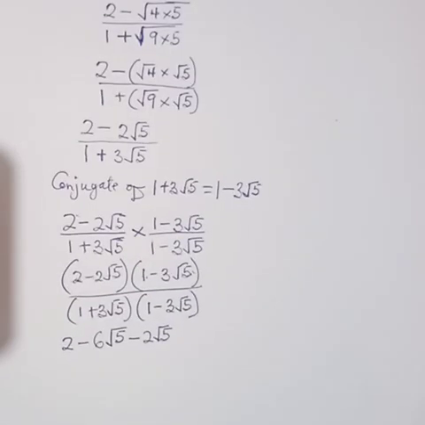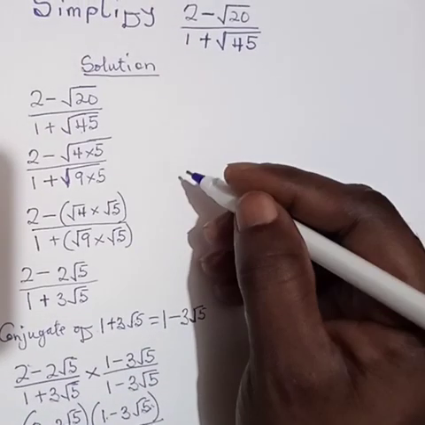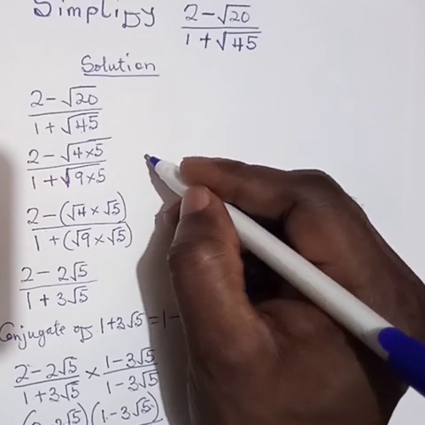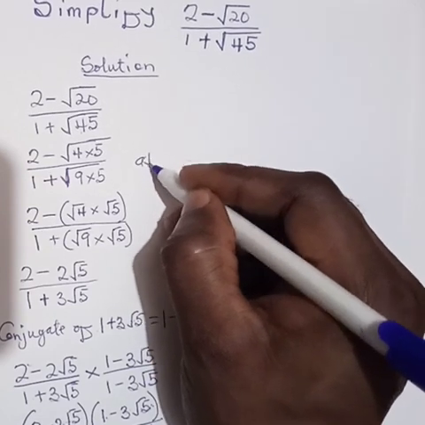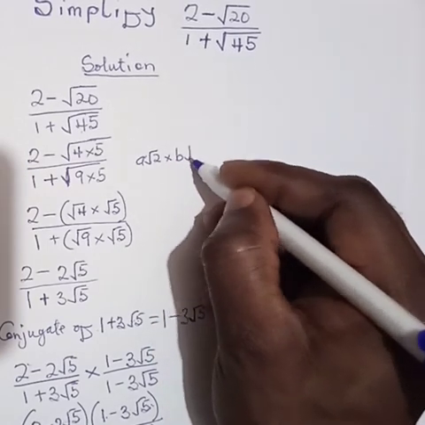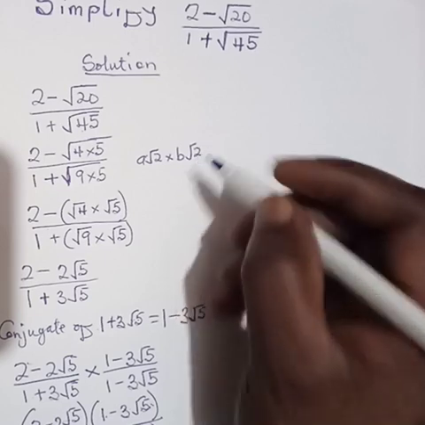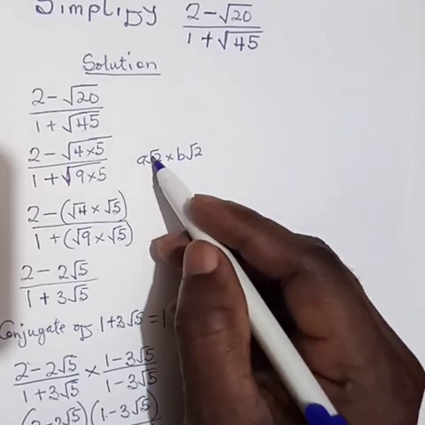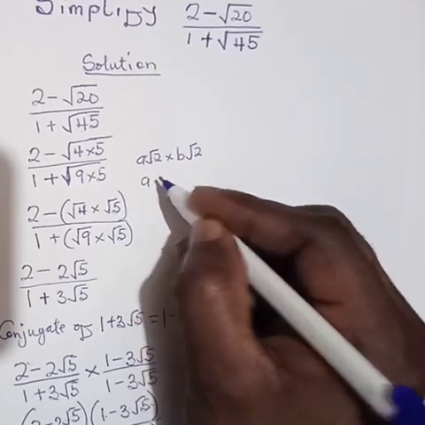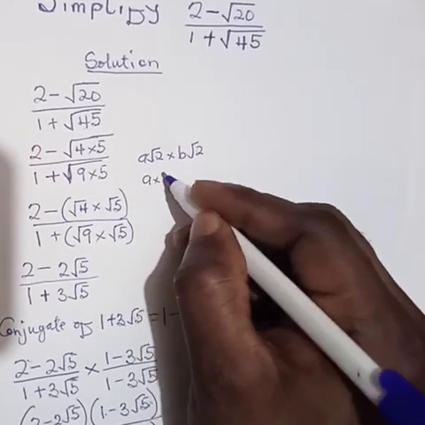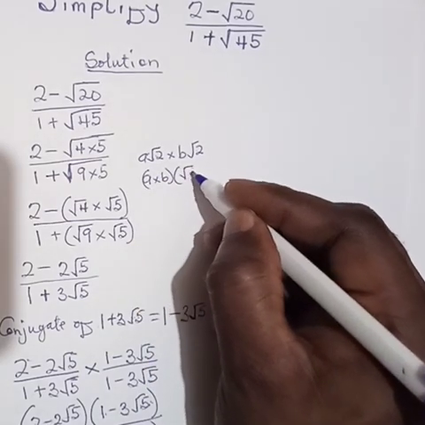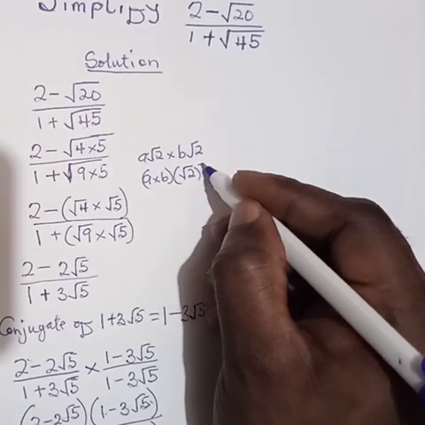Now remember, in one of the rules in indices, if I give you a root 2 times b root 2, because these are the same, it will be a times b and then square root of 2 squared.